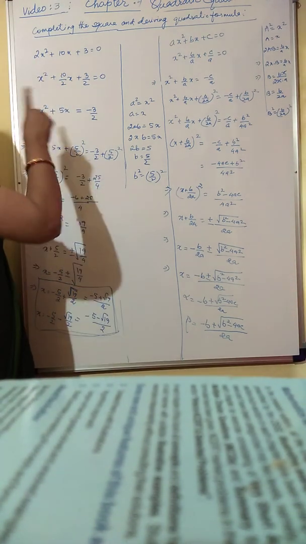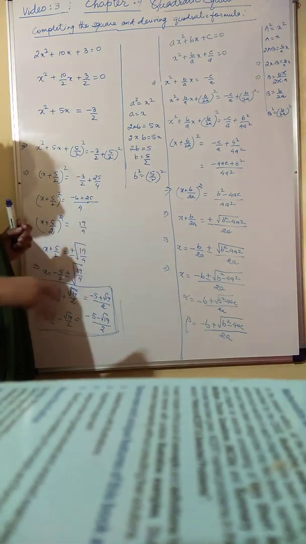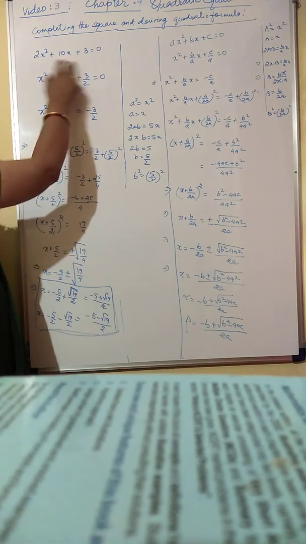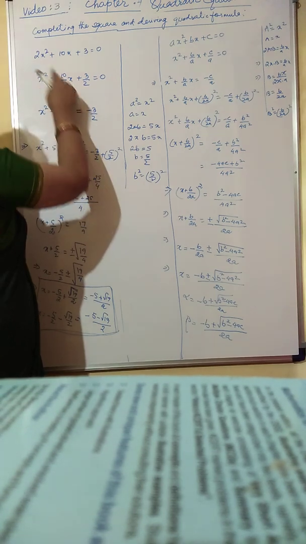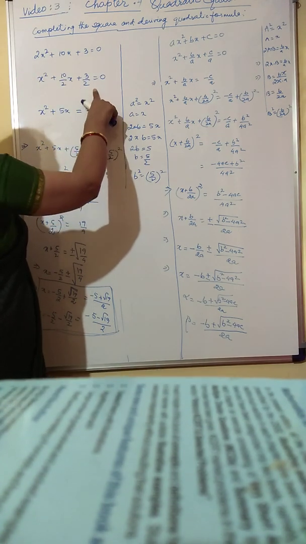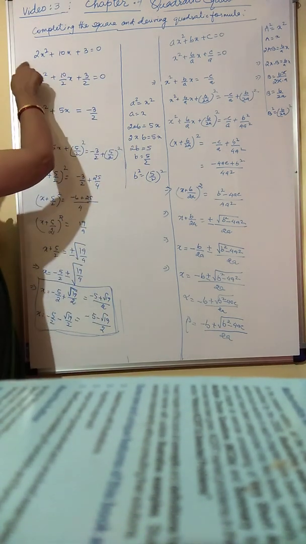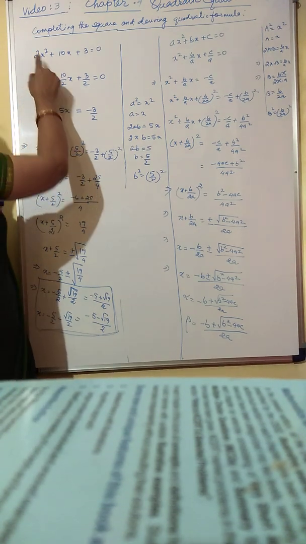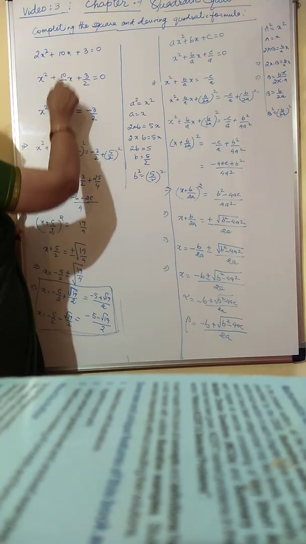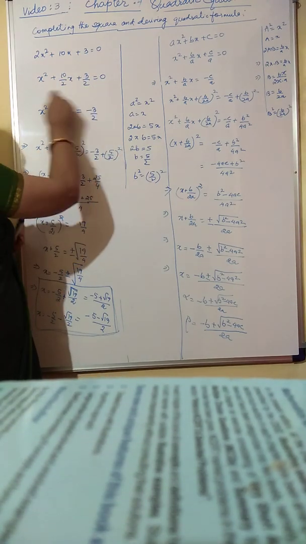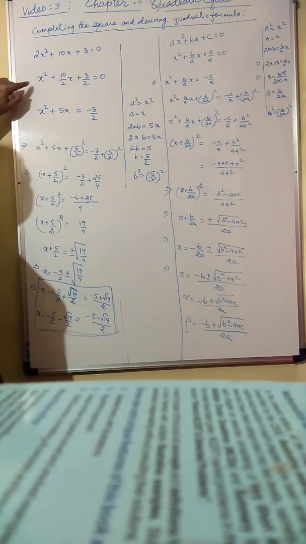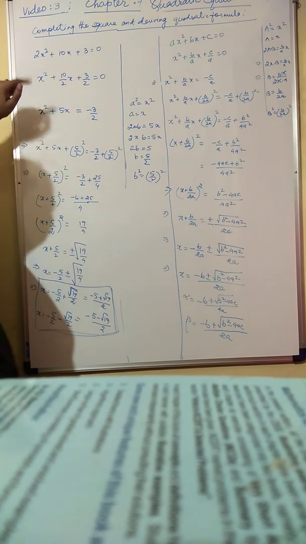If it is 1, you can follow straight away. So if I divide this entire equation by 2, then 2 divided by 2 is x square, plus 10 by 2 is 5x, plus 3 by 2 equal to 0. This is my equation. Now my coefficient of x square is 1.